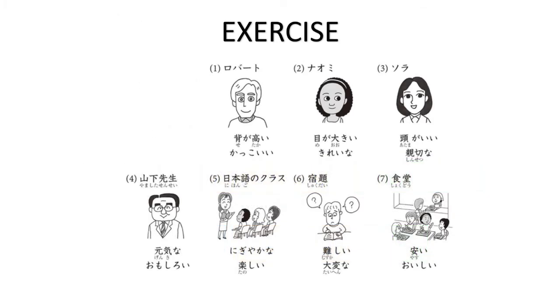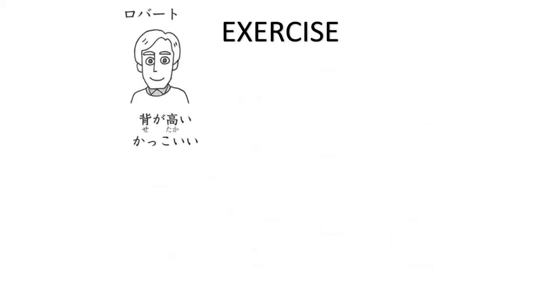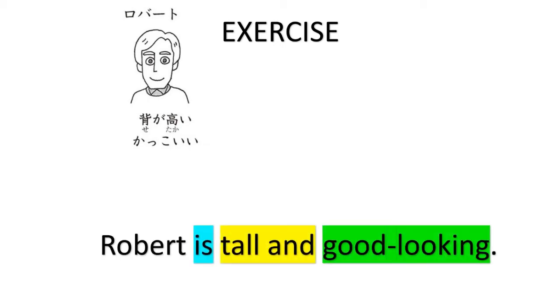Alright. Now, as you can see here, there are 7 pictures and each picture has 2 adjectives. So, we're going to connect those adjectives using the te form of the adjectives. You can pause the video or continue watching. Alright. For the first example, Robato, Robert.